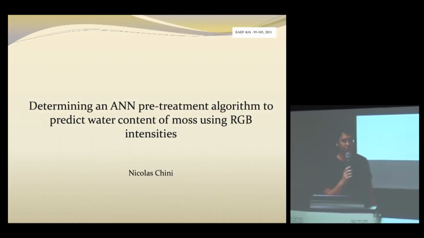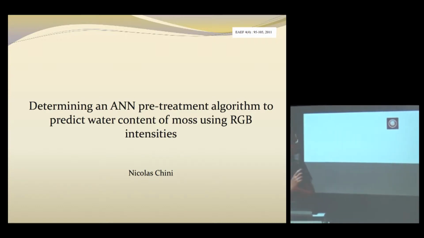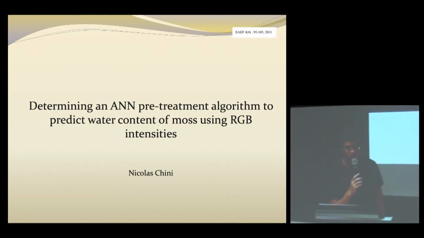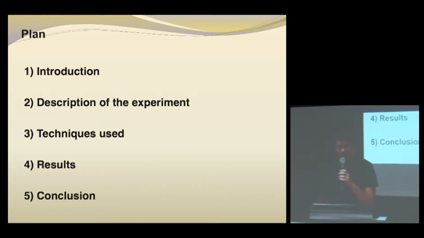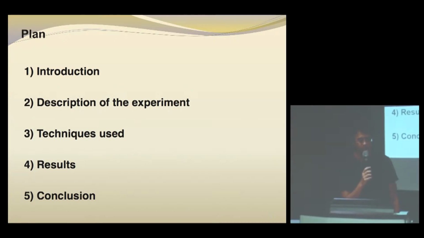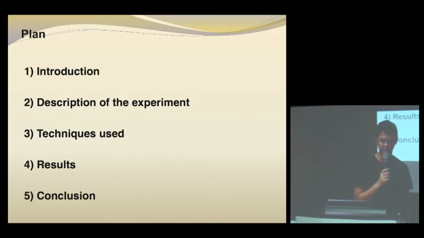Today my presentation will be about determining an artificial neural network treatment algorithm to predict the water content in moss. We are using the RGB intensities to guess it. My presentation will be divided into 5 main parts.